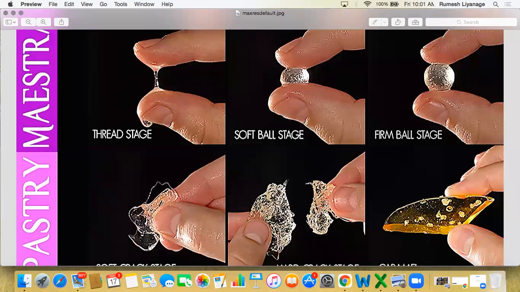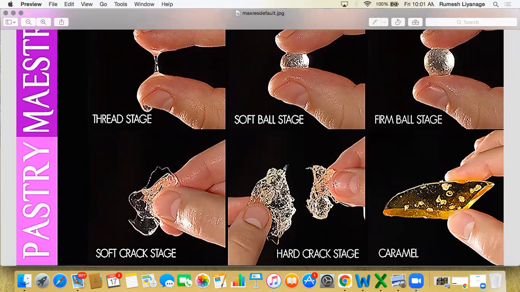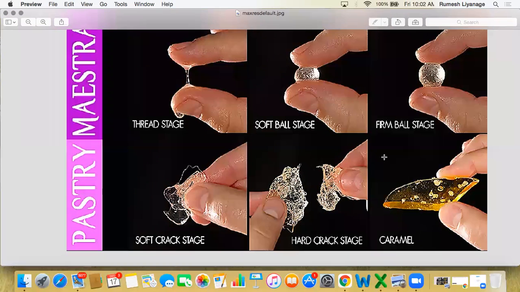Also, you can see the texture differences, the threading stage. You can observe all these things today in these practicals: soft ball, firm ball, and crack stage, soft and hard. There are 2 stages, and finally caramels. Burnt caramel is also available, but caramels are very important. We use it as a flavoring agent and also a coloring agent, right?